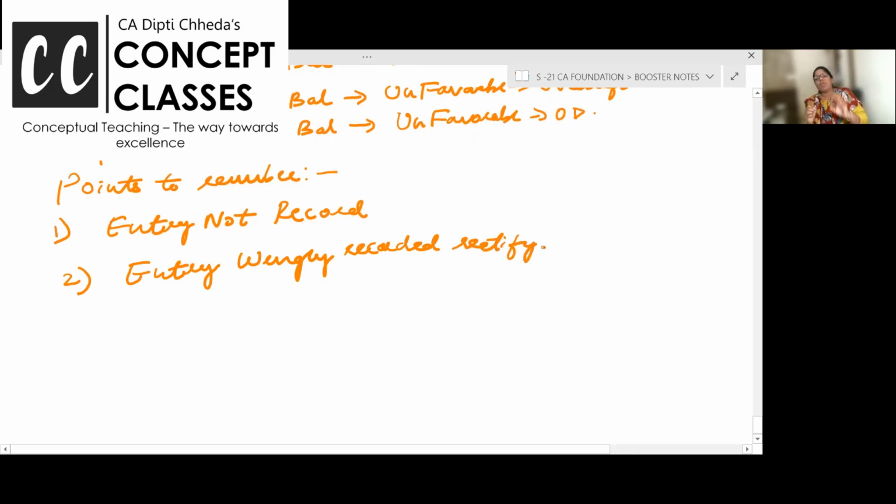Some entry if you have wrongly recorded, just rectify it. Entry not recorded, record now. ऐसे लिखो. एंट्री रॉन्गली रिकॉर्डेड, रेक्टिफाई करो उसको, अमाउंट गलत है.